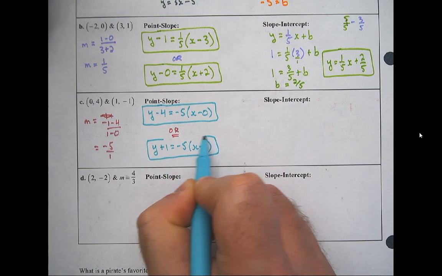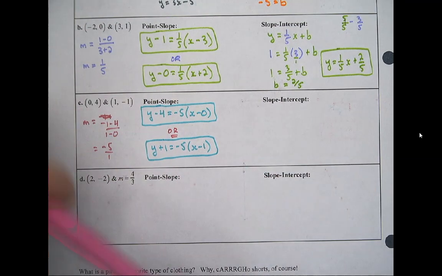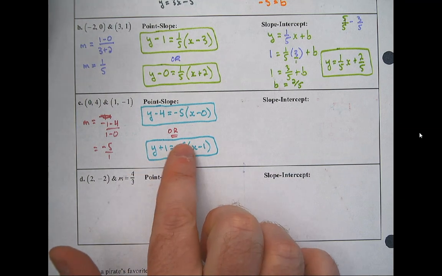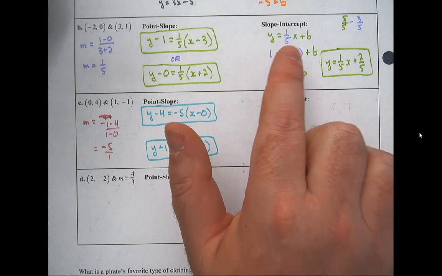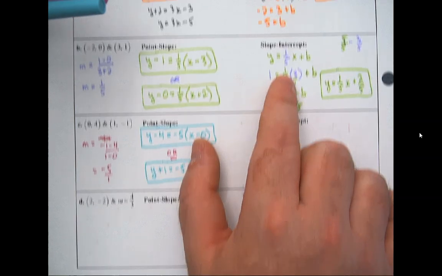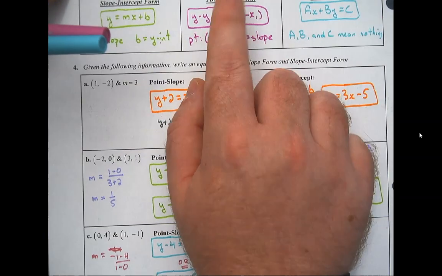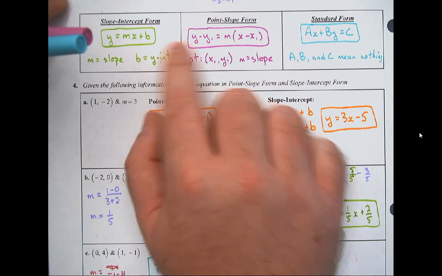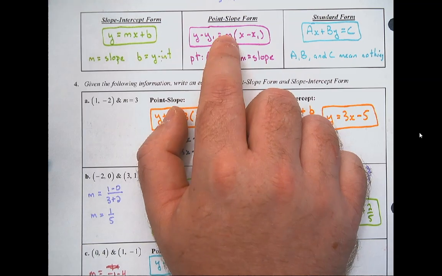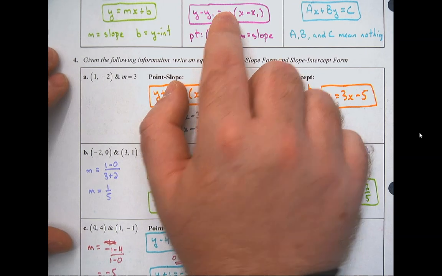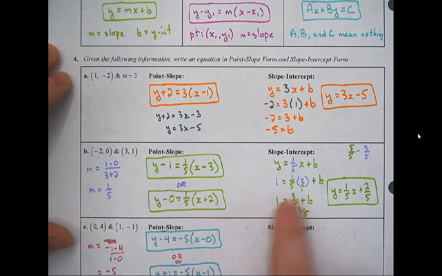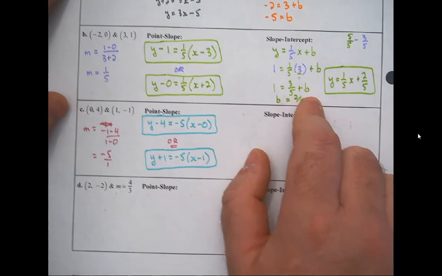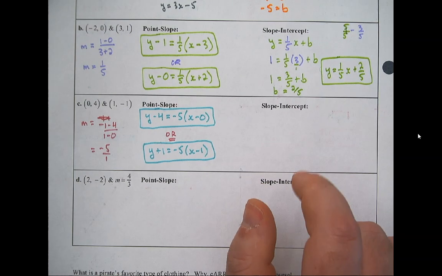Now you can distribute this, or you could learn this other way. And the reason I like this is because most people don't memorize point slope form. Almost everybody remembers this because we say it so much, but not as many people can remember this trick. So if you can remember this, go for it when you distribute. But if you can't, then you're going to want to know how to plug and chug into y equals mx plus b.